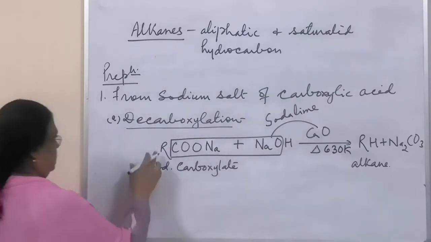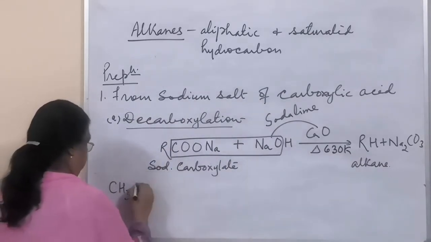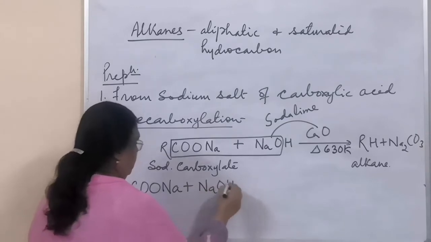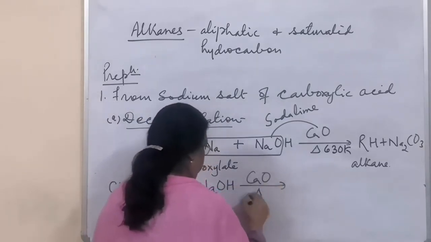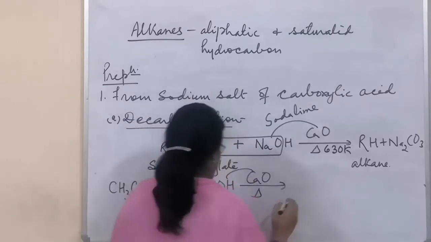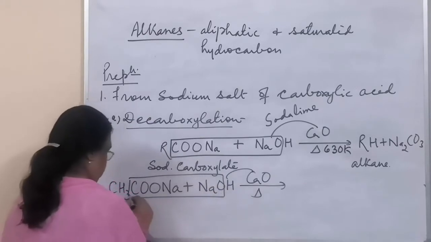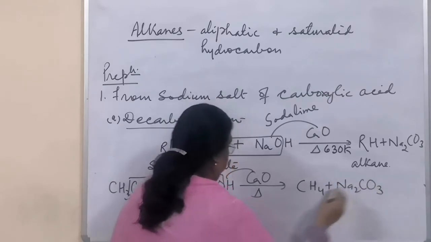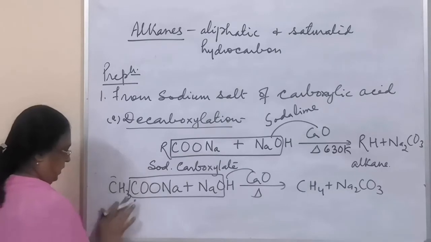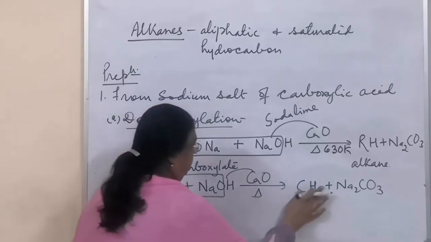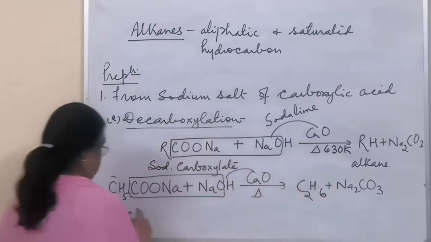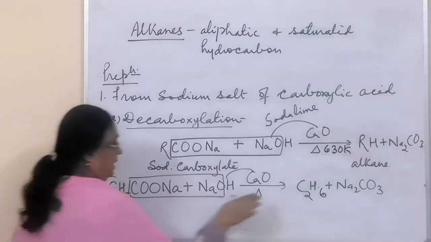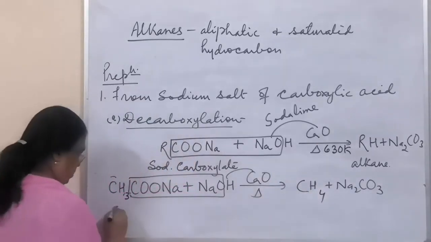So if you start with R as CH3 and the rest as it is, on heating with soda lime at the same temperature, Na2CO3 will be out and you will have methane. This is sodium acetate.